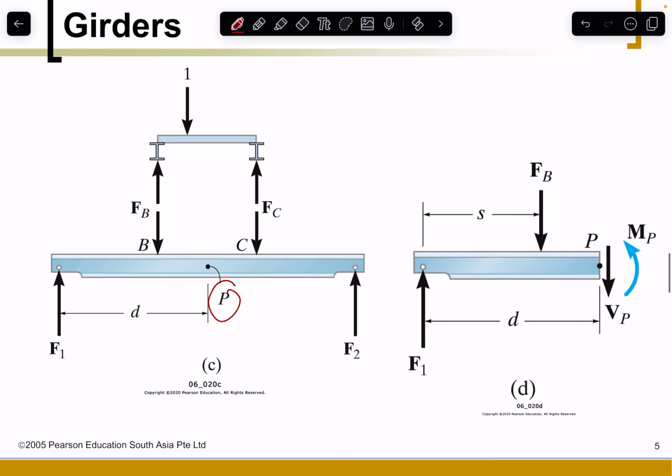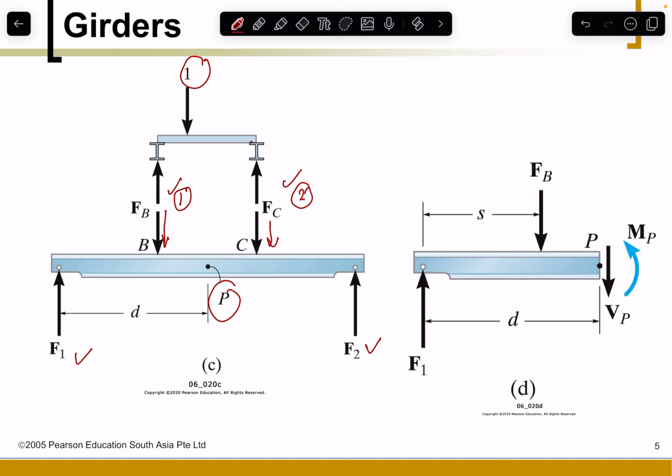Let's say you place one unit, and then you need to find the support reactions. Based on this one unit being given to the floor, find the support reactions at FB and at FC. Once you know that, this will go as a point load at C and B.